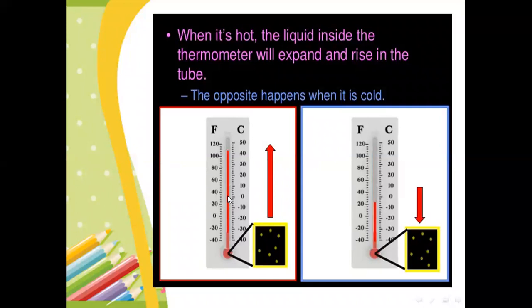It moves upward inside the tube. And when the air is cold, the liquid contracts and moves downward in the tube. Here the liquid expands and moves upward when the air is hot, and here when the air is cold, the liquid contracts and moves downward.